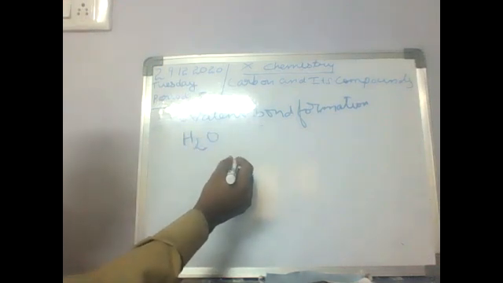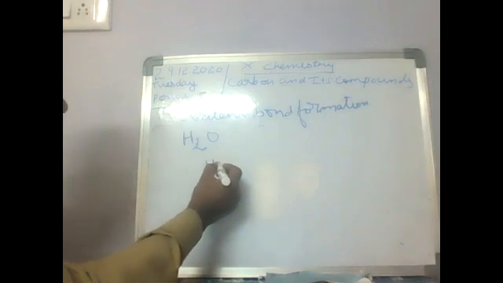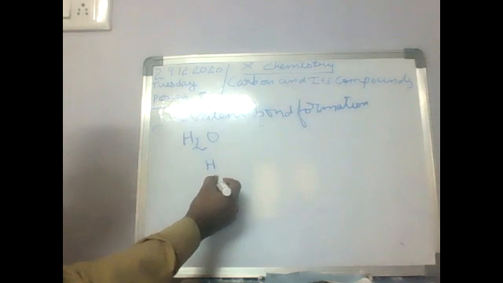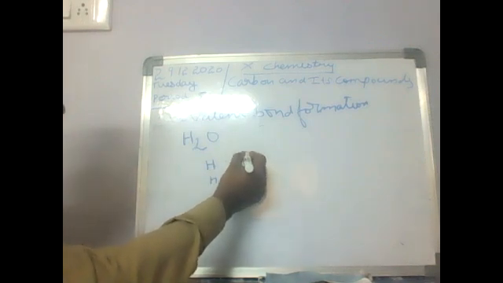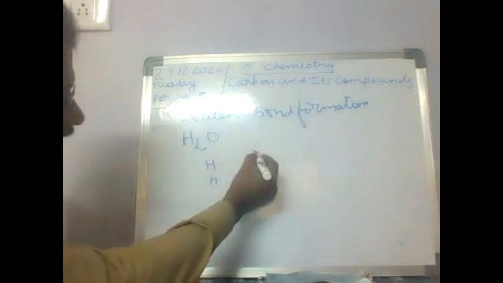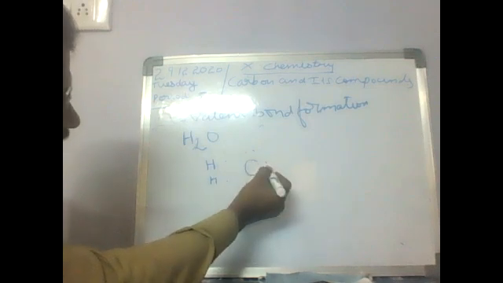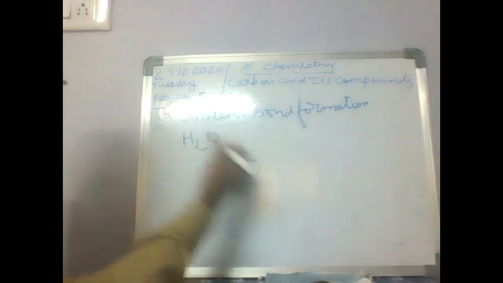In this H2O, what happens here? See here, there are two hydrogens, each containing one electron, and oxygen with 1, 2, 3, 4, 5, 6, because the outermost orbit of oxygen contains only 6 electrons.